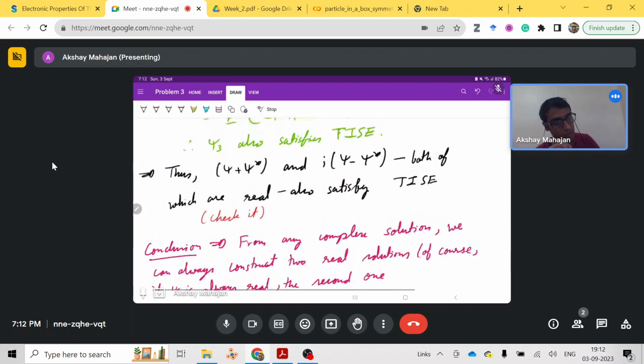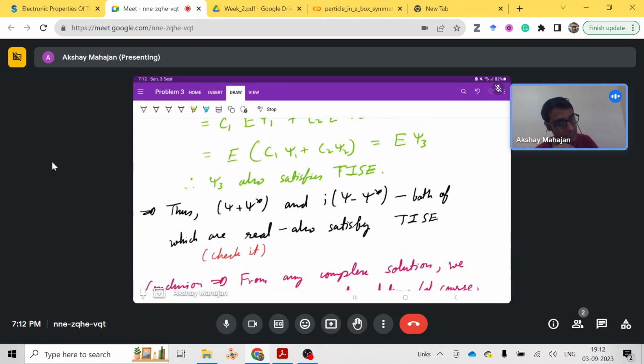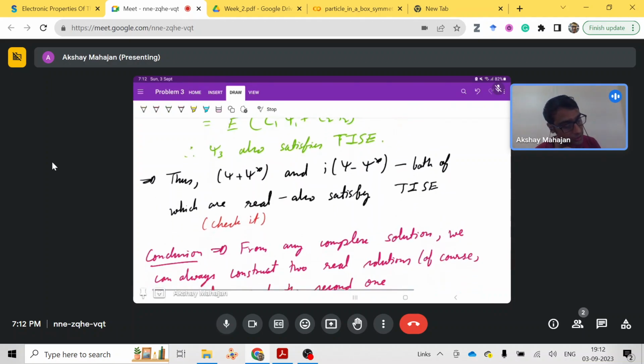You can check that even if psi is complex, psi plus psi star and iota times psi minus psi star will be real. Just take the complex conjugate and you can show that they are real.